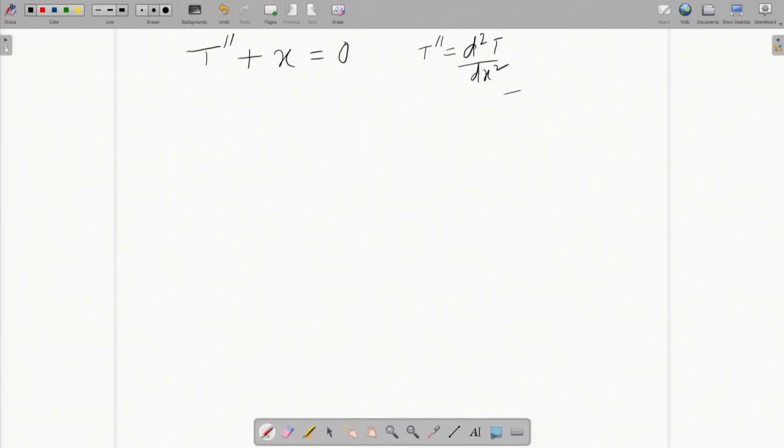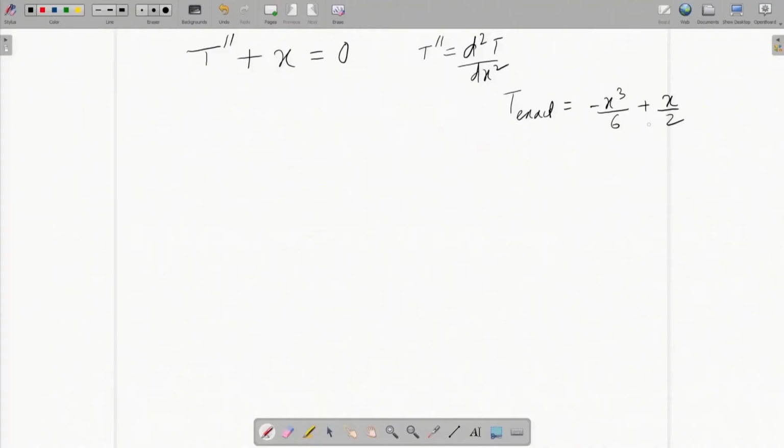Also remember that the exact expression for T is equal to minus x cube by 6 plus x by 2, because at the end of our Galerkin based weighted residual method, we need to compare how good the solution was with respect to the exact one. So, based on the trial function that we have assumed, let us try to work out the steps.